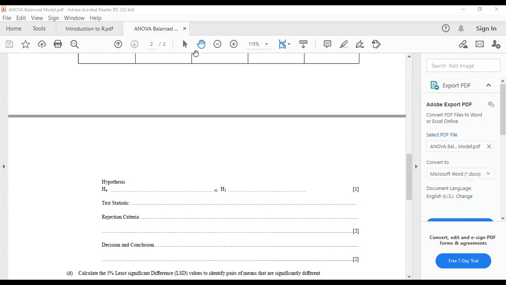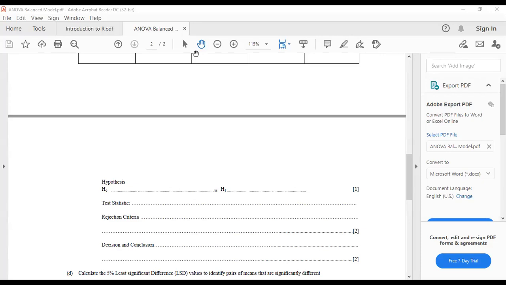Okay, we reject H naught if our calculated F, the test statistic, is greater than F with 2 and 12 being the degrees of freedom for the SS treatment and the SSE respectively, at 0.05.